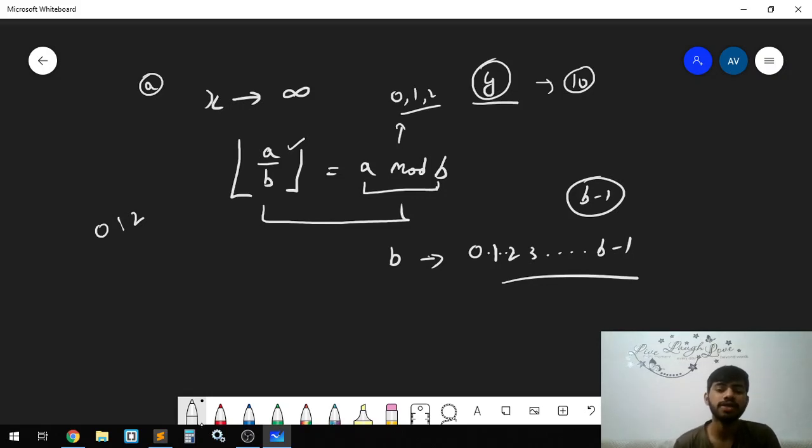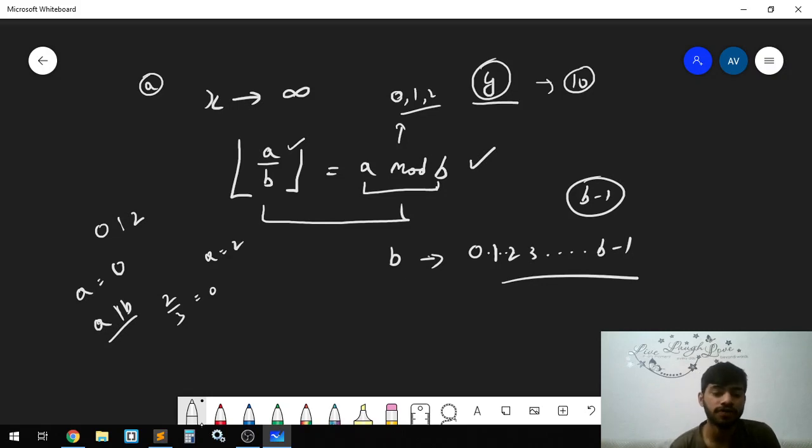So let us see if a mod b equal to 0 is possible. If I take a equals to 2, then 2 by 3 floor is equal to 0, but this mod thing cannot be 0, this also must be 0. This is only when a is 0, or a is divisible by b, that is a multiple of b.